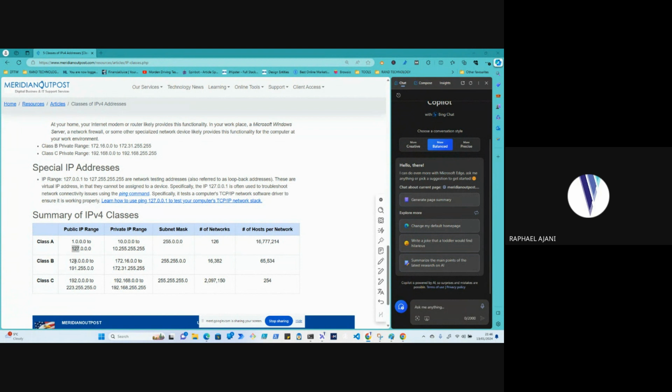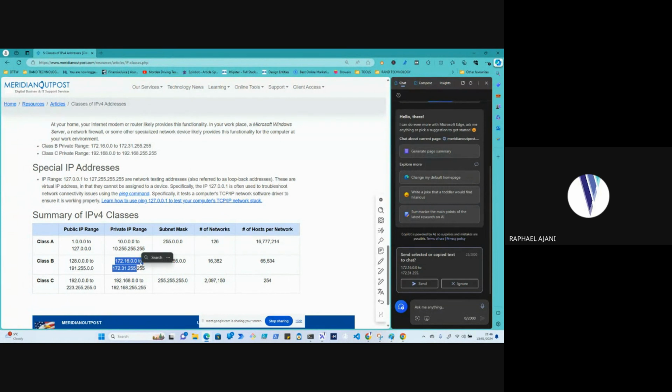In between this range, you have a private range, which is 172.16.0.0 to 172.31.255.255. And the subnet mask is starting from left to right, 255.255.0.0.